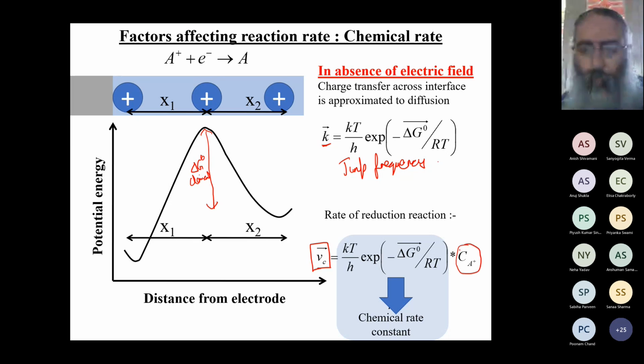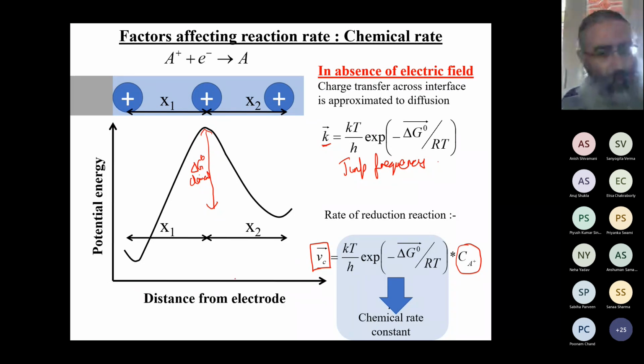multiplied by the concentration of the reactant, for a reaction A plus going to A, a reduction reaction. Now we are also simultaneously making an energy profile plot, where you see how the potential energy changes with respect to distance from the electrode.